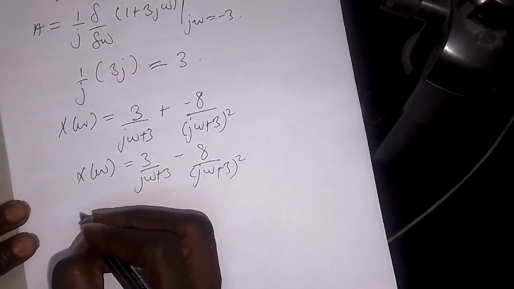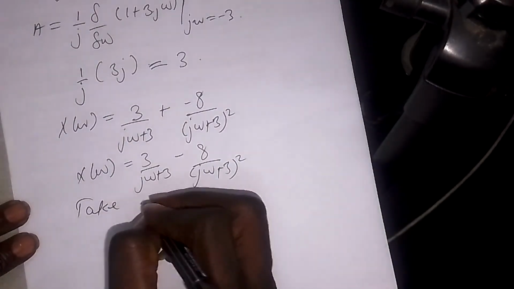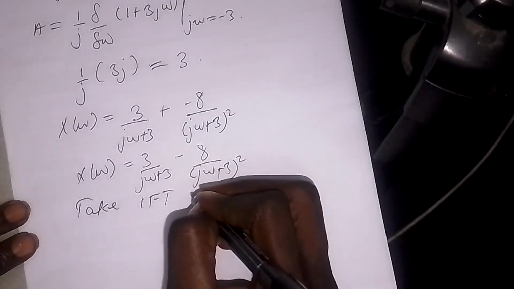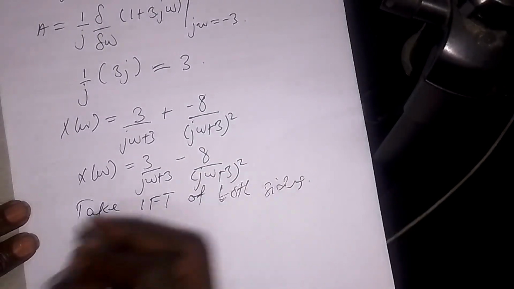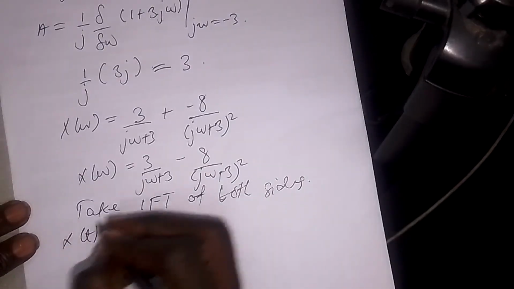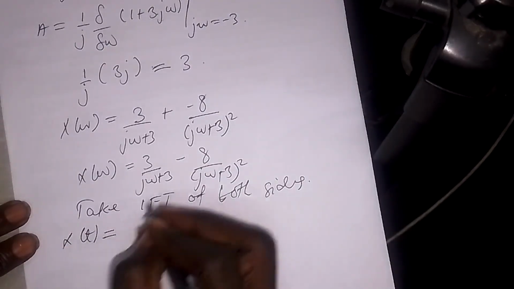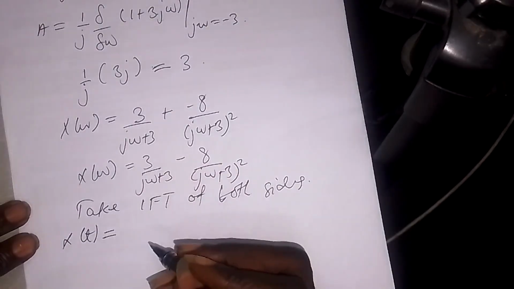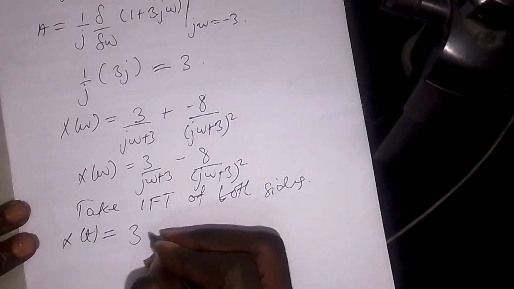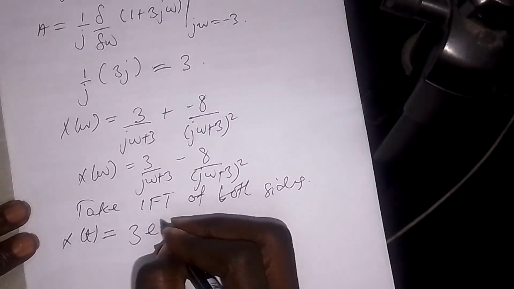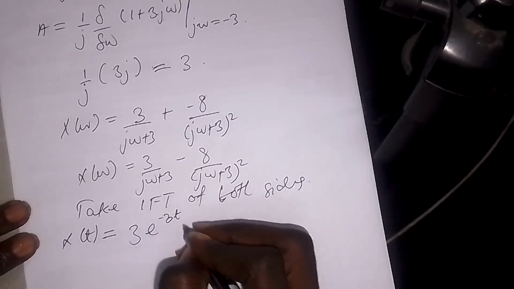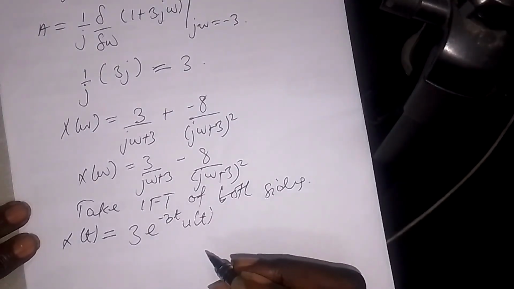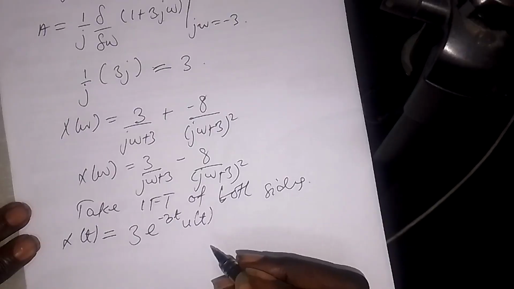So now if I have this one, you just take the IFT, inverse Fourier transform, of both sides. So if you do that, X of t is equal to 3 into e to the minus 3t u of t at this side.